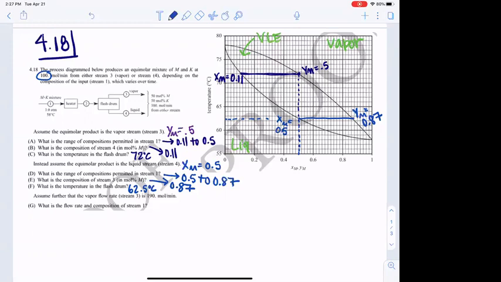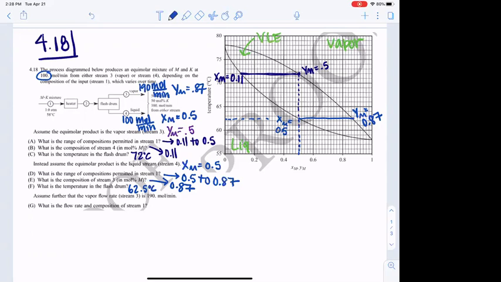So that means that if we just draw on the PFD that we're given here, our vapor stream is 190 moles per minute with Ym equals 0.87, and our liquid stream is 100 moles per minute with Xm equals 0.5. And what we want to know is what's our flow rate and composition of stream 1.